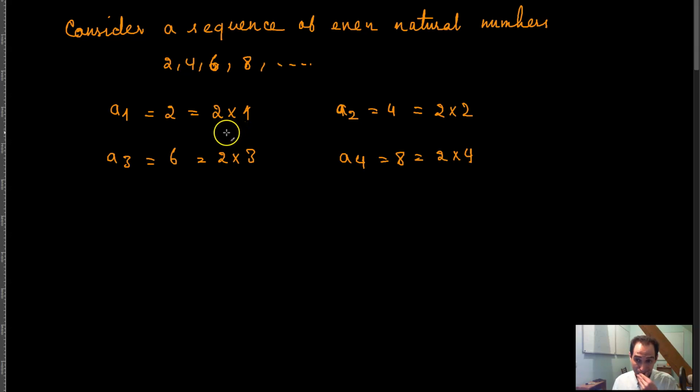So the 2 remains the same. I said that you can write it as 2 raised to the power n, but you can write it as 2 times n probably. Let's see how that goes. So a of 4 is equal to 8, which is equal to 2 times 4.